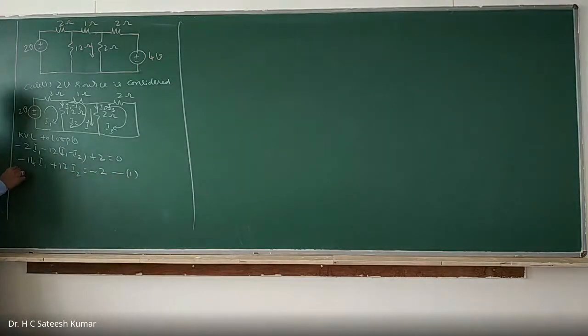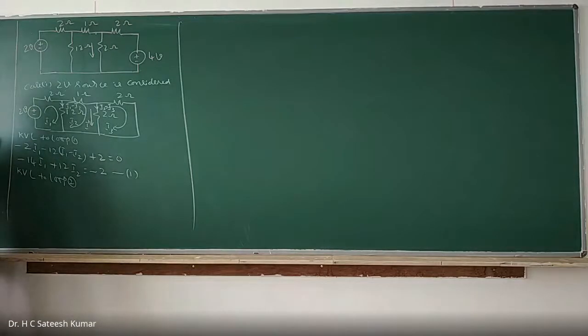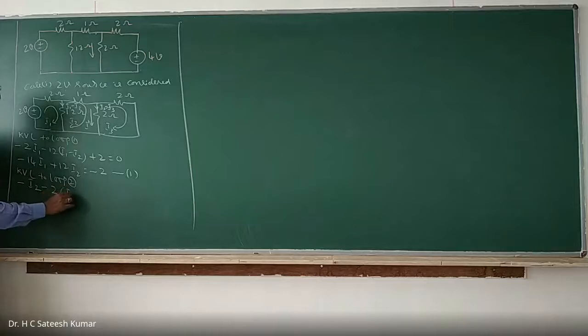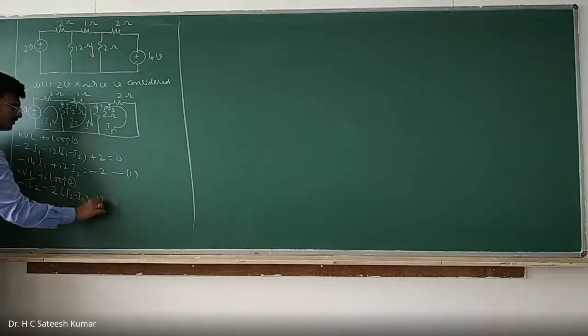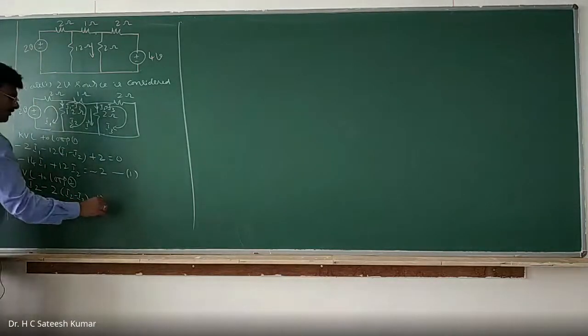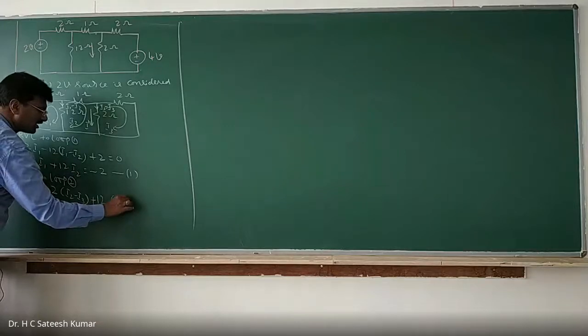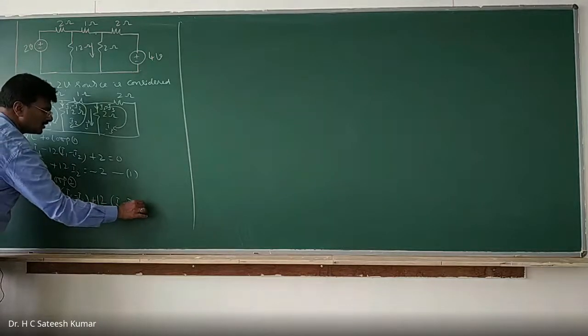Next, KVL to loop 2. What is that? We start from this point. Minus 1 into I2, minus 2 into (I2 minus I3), and next, against, plus 12 into (I1 minus I2) is equal to 0.